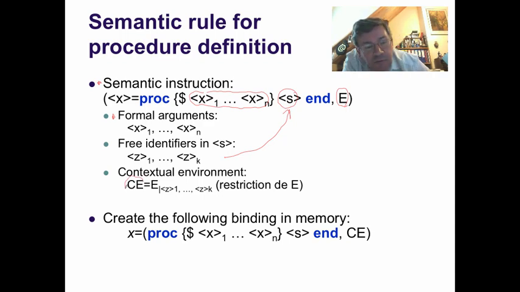So the contextual environment of this procedure is E, the environment at the execution, restricted to Z1 through ZK, only keeping the identifiers Z1 through ZK. Okay, so once we know that, we will create in memory the binding to the variable x, which corresponds to identifier x, the procedure and its contextual environment. Okay, this is the first semantic rule. This creates the procedure value in memory.